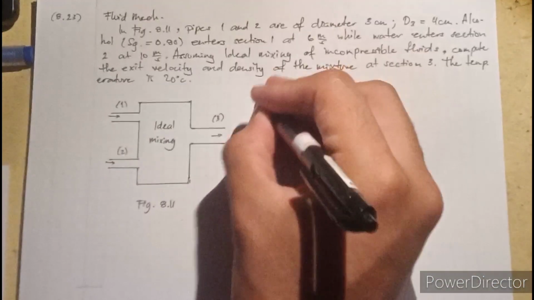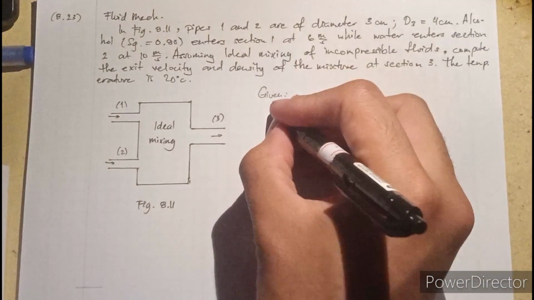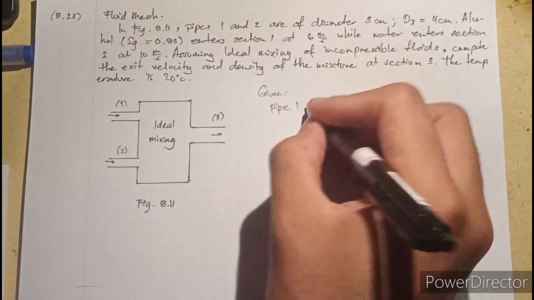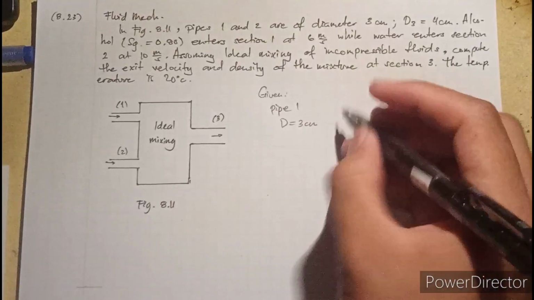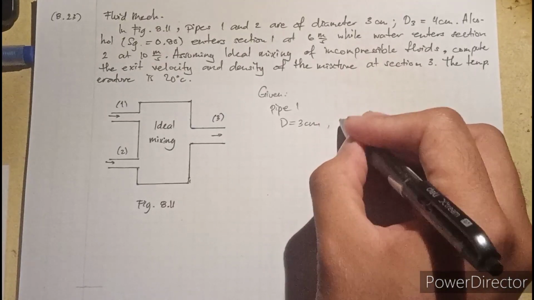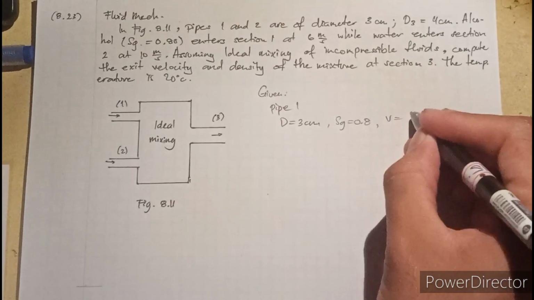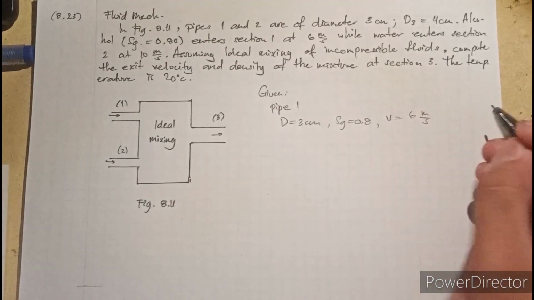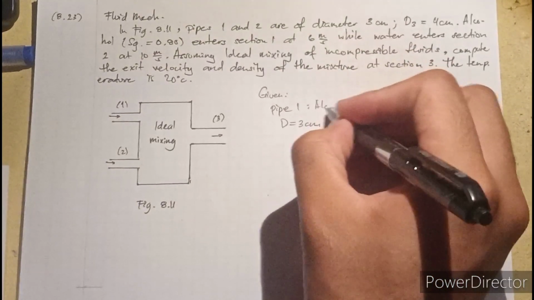Now gather the data of the given problem. Pipe 1 has a diameter of 3 centimeters with an SG of 0.8 and a velocity of 6 meters per second. It was stated that pipe 1 is alcohol.